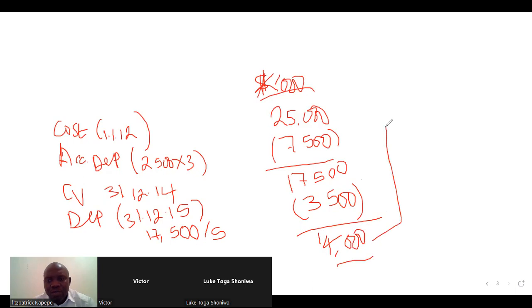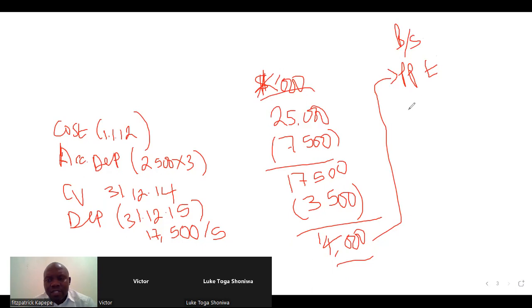So this one will go under property, plant and equipment in the balance sheet or statement of financial position.